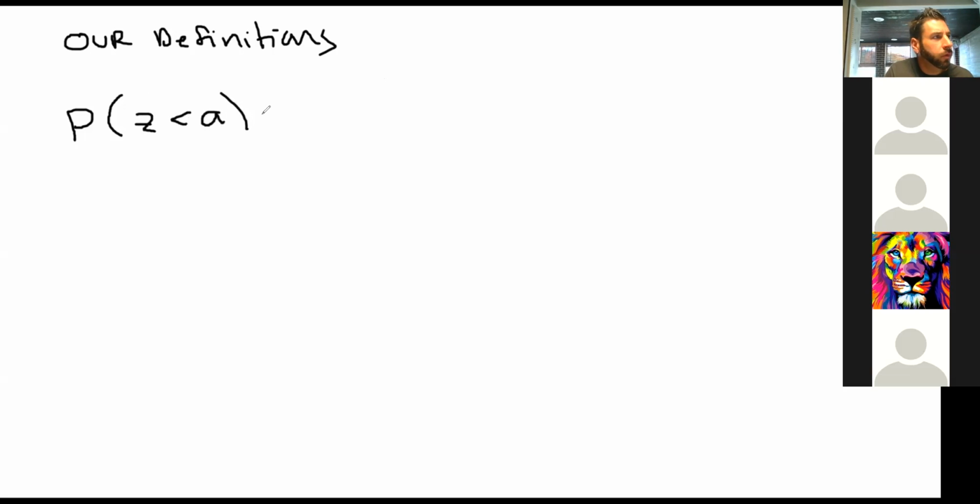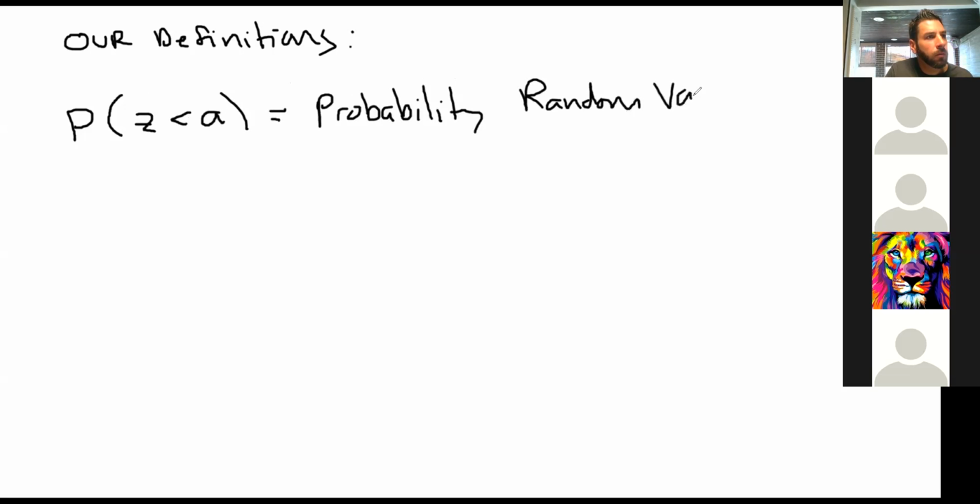What is this equal to? Let's write this out in English. So this is the probability the random variable z is less than the number a.